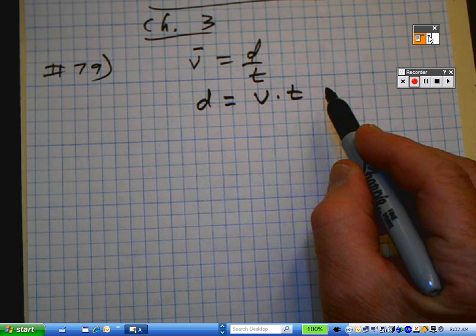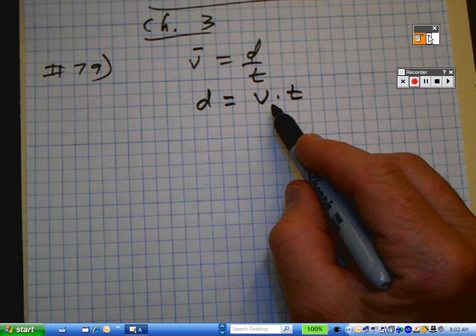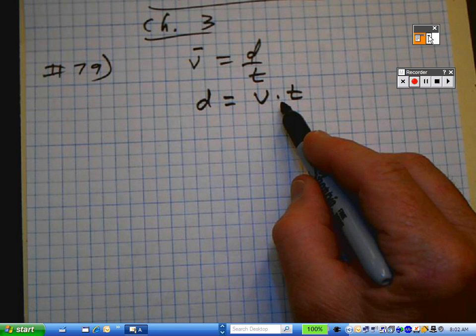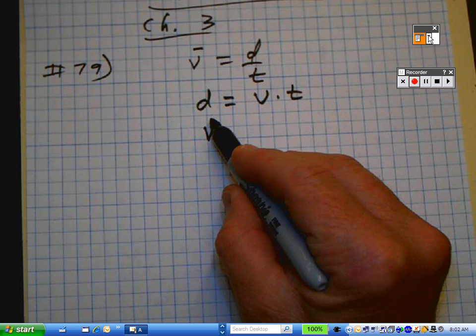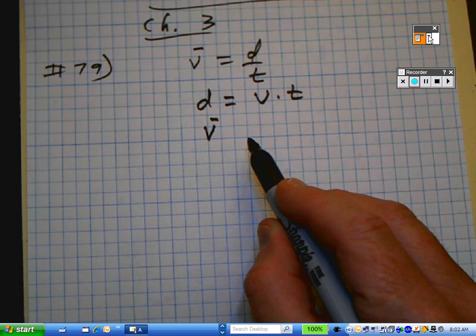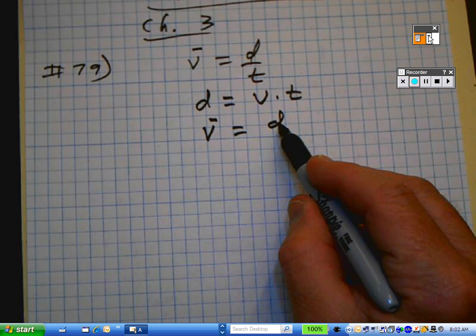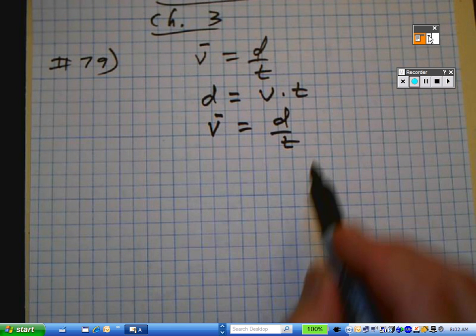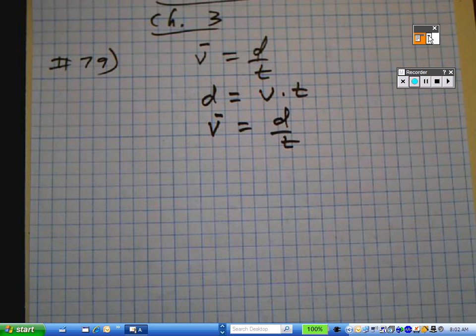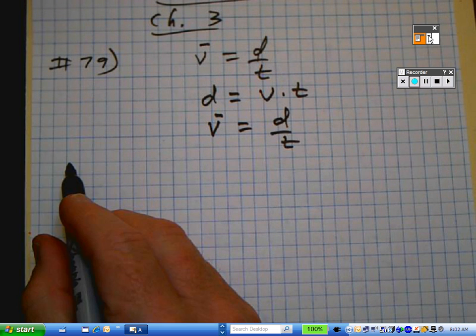Now each car will travel a displacement. Once you find those, then you can put them together, and then the average velocity for the entire journey is the total displacement the car travels divided by time. So that'll be a good way to start number 79, both part A and B.